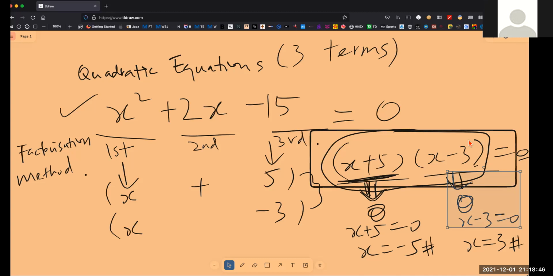Okay, so you have ended up in the factorized format already, which is here. So this is your factorized format. Once you have the factorized format, the next step is just for you to equate the first bracket to 0, then the second bracket to 0, and that's it. I don't know why you need to bring it to the other side again.